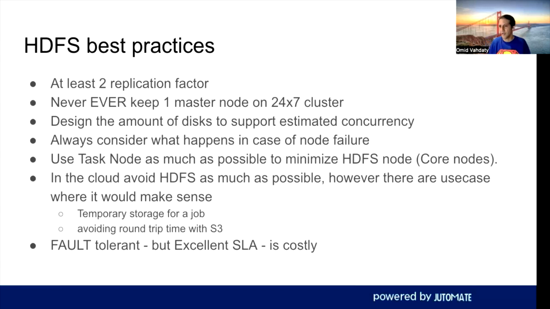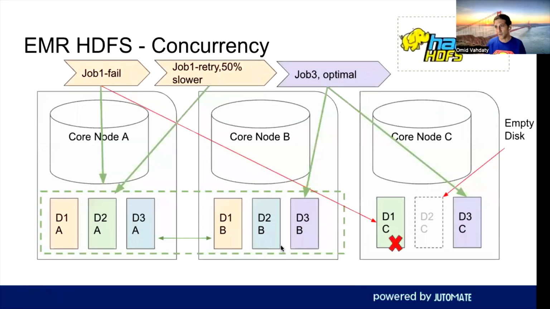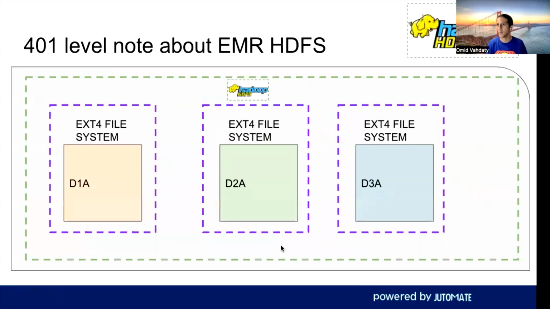However, there are some use cases where it makes sense, for example temporary storage for a job, or when you want to avoid a round trip time from S3, which we'll discuss later when we discuss working with S3 and EMR. Fault tolerance is excellent, but the service level agreement is costly. So you might want to consider working with S3.